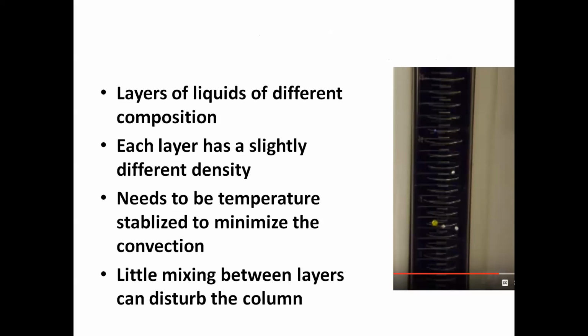What is the importance of this density gradient column? Measuring the density of a fiber is not easy, because to measure the density of any material you require two quantities. One is its volume and another is its mass.